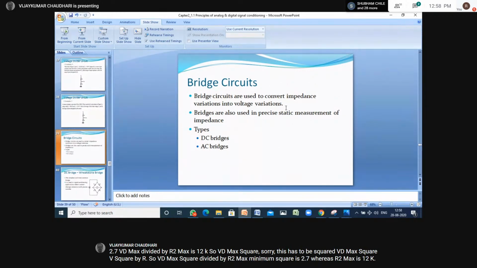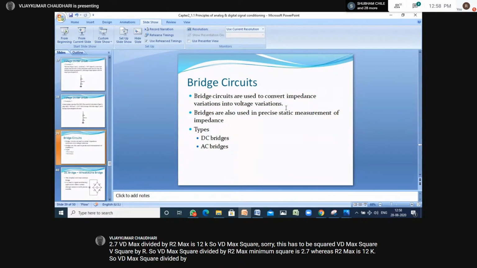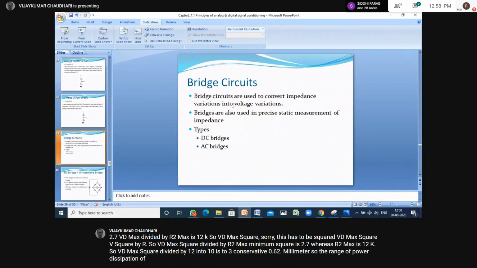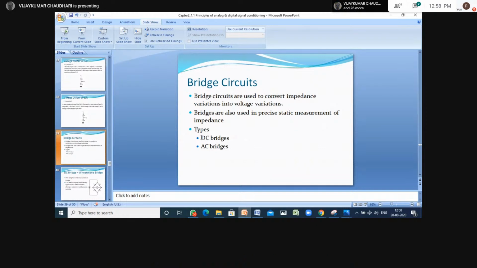Suppose the application is such that we have a cantilever beam, and a load is applied to the beam, and we want to know how much is the bending. So what we do in that case, we fix the strain gauge.